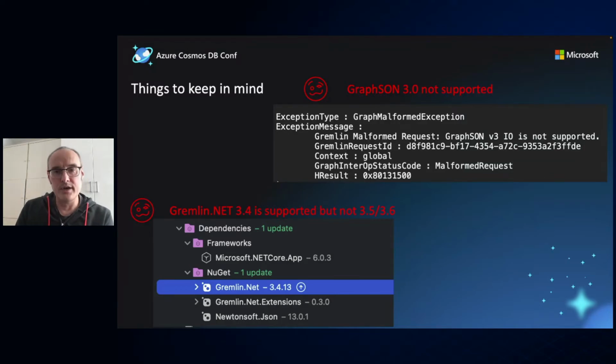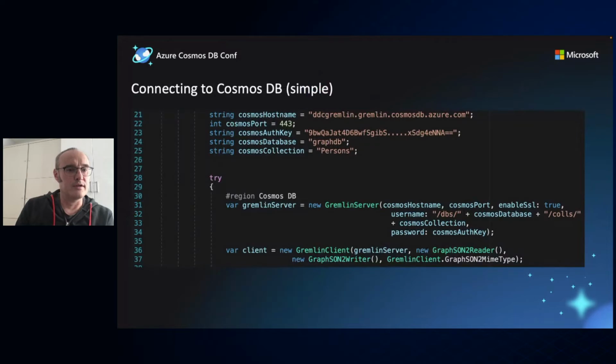Okay, so now if we want to create a connection to Cosmos DB, we have to create a Gremlin server object, and the data like the host name and the port number we can retrieve from the Azure Cosmos DB portal, either by going to the quick start examples or by retrieving the data from the portal itself.